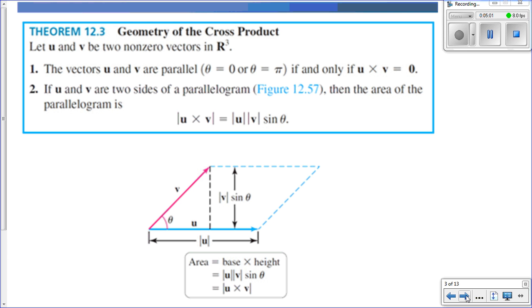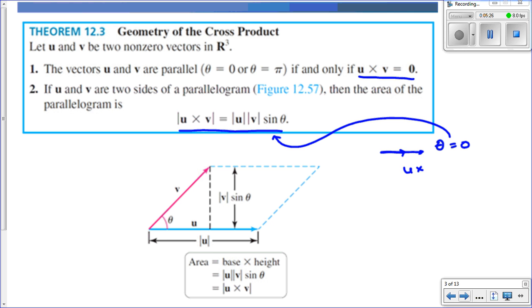Now let's look at some geometry. The vectors u and v will be parallel if and only if the cross product is 0. Now if you look at this definition, if the two vectors are parallel, that means they're either both pointing in the same direction, which means that the angle between them is 0, and remember that sine of 0 is 0. So that means that u cross v will just be 0.